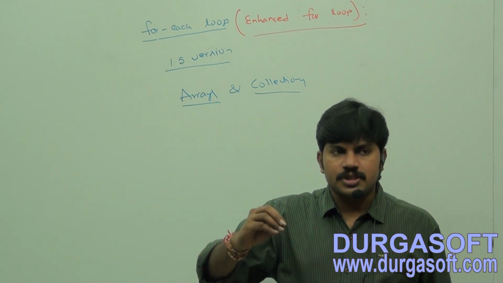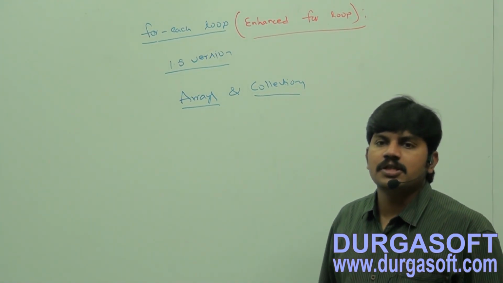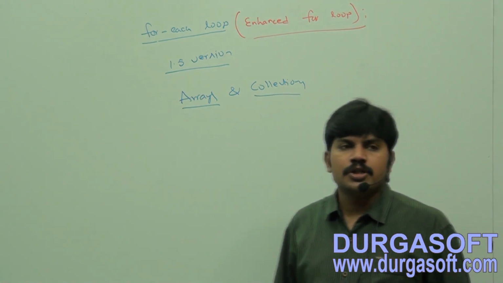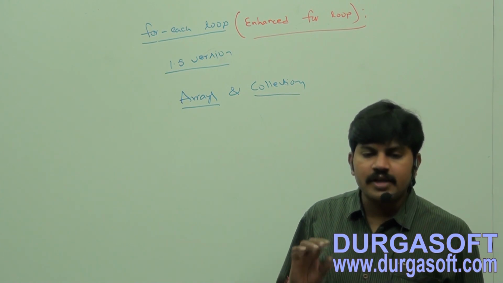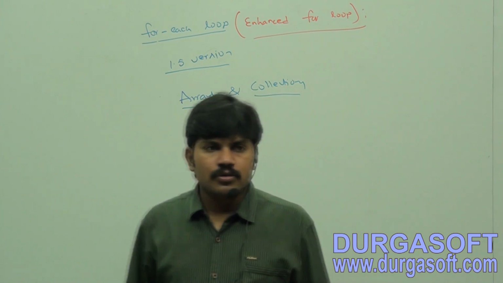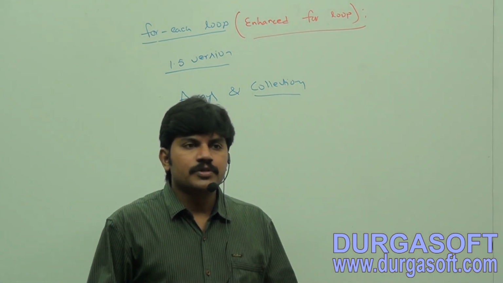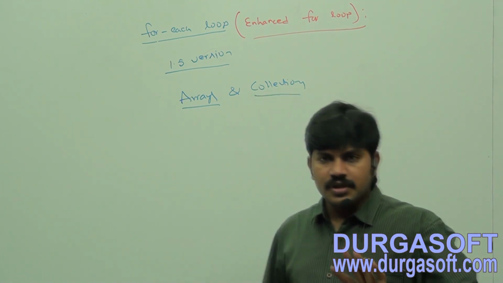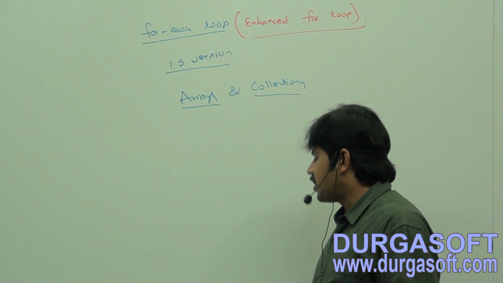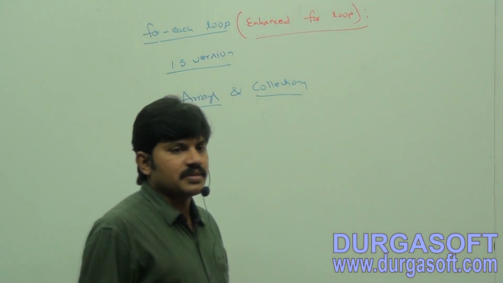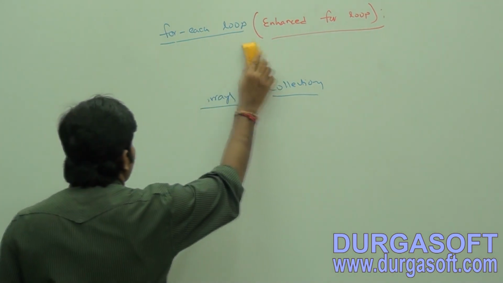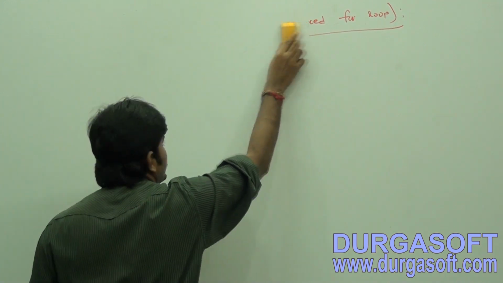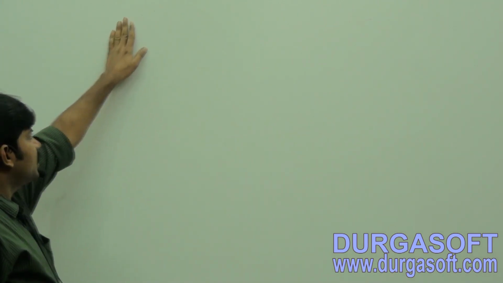Next, it is a specially designed loop to retrieve elements of arrays and collections. Now I will go through multiple examples so that you can be aware of how the for each loop makes a programmer's life easy.